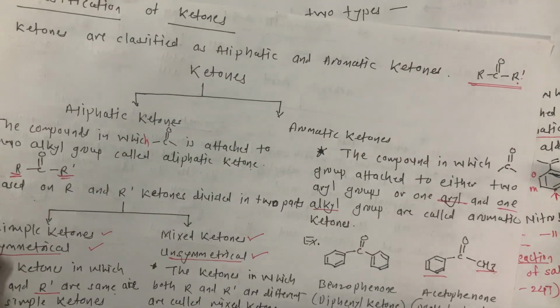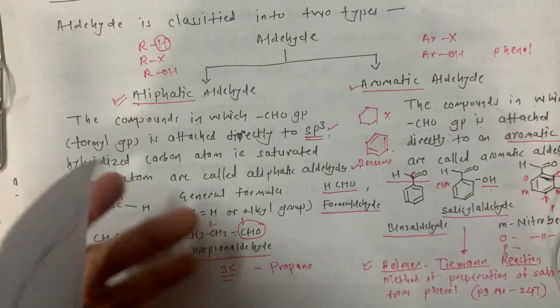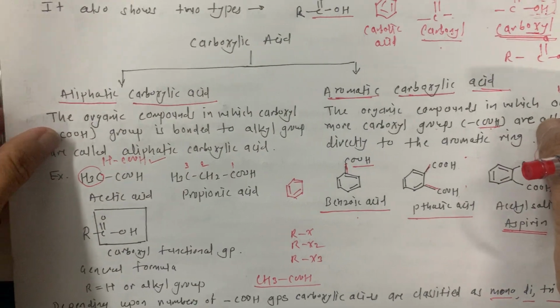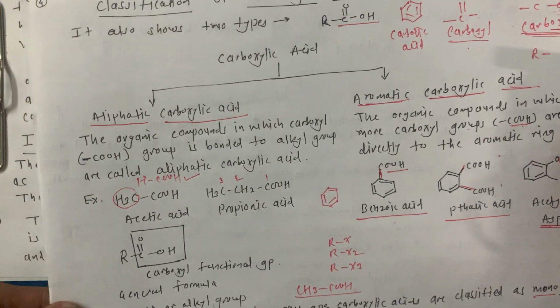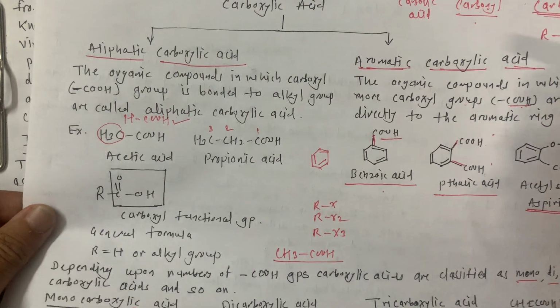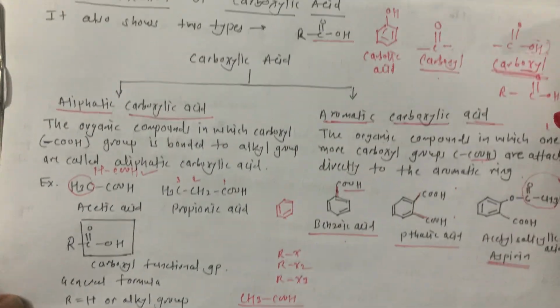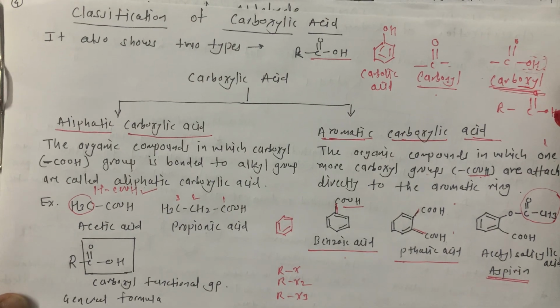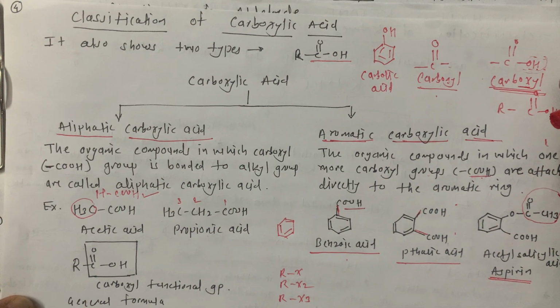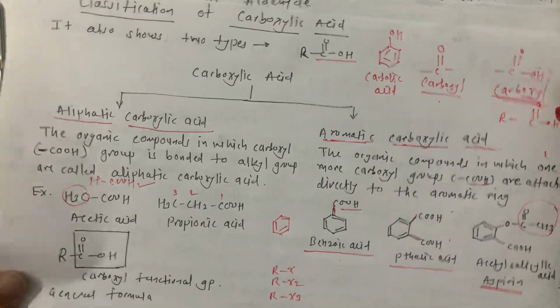Let us revise all these things and make a table of all functional groups and their names, and keep it in front of your writing table so you can remember.